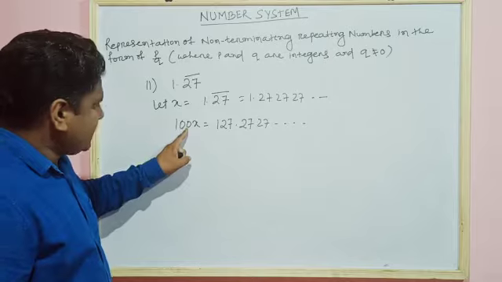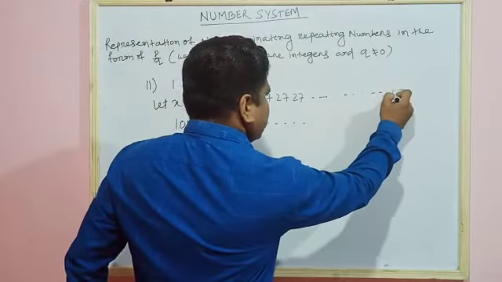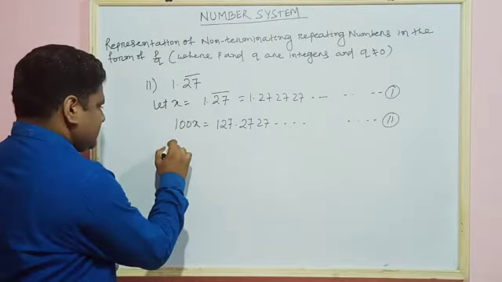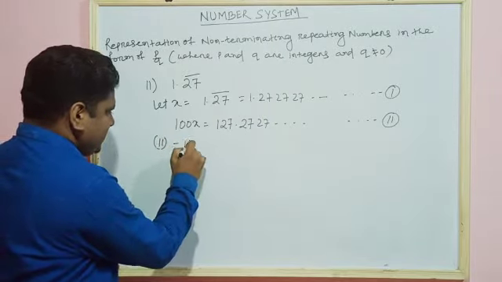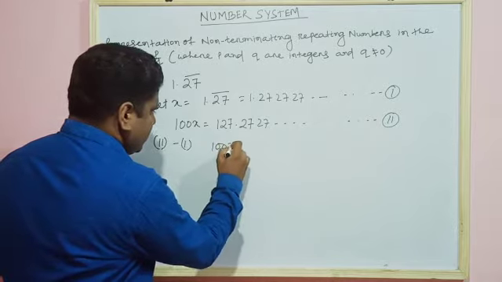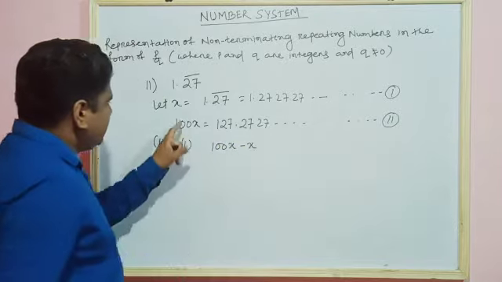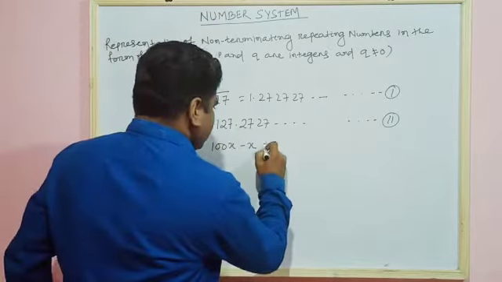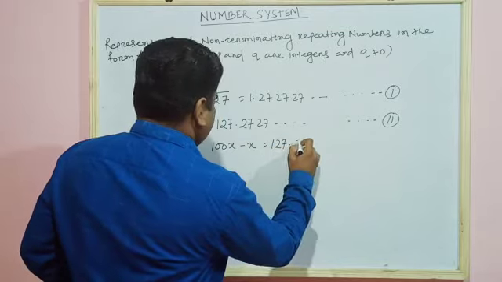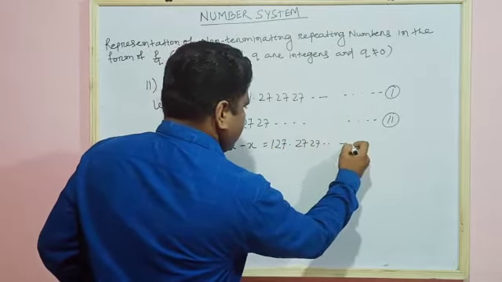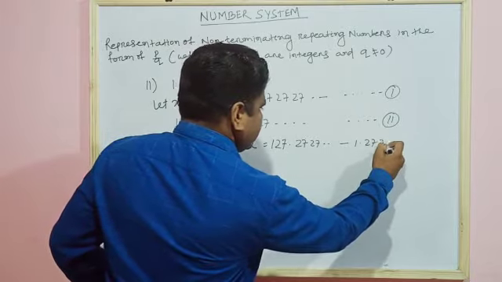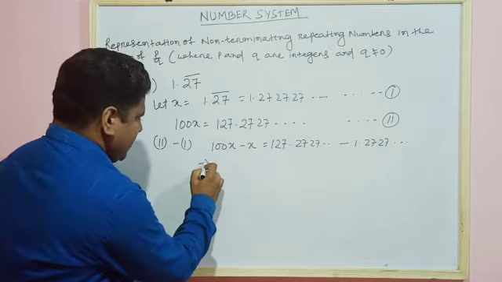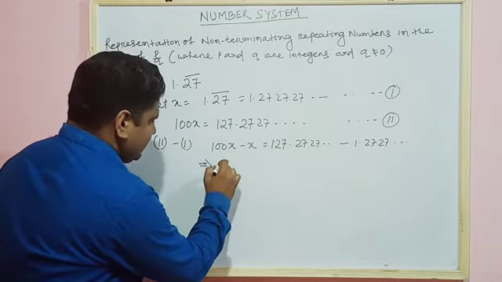Let's subtract LHS from LHS. Let it be equation 1 and let it be equation 2. So we have to subtract equation 1 from equation 2. Equation 2 minus equation 1 equal to 100x minus x, LHS from LHS and RHS from RHS. 127.2727 minus 1.2727. 100x minus x equal to 99x.